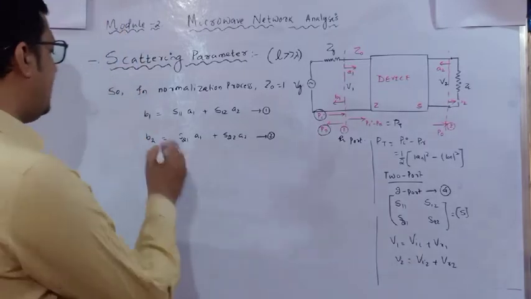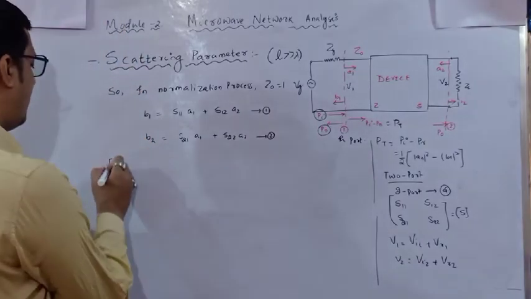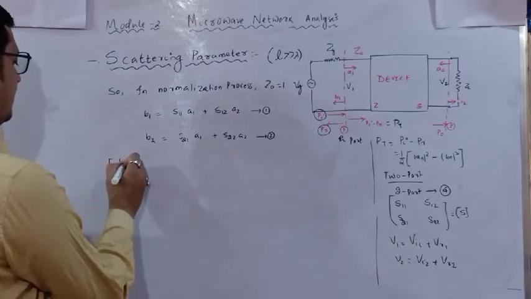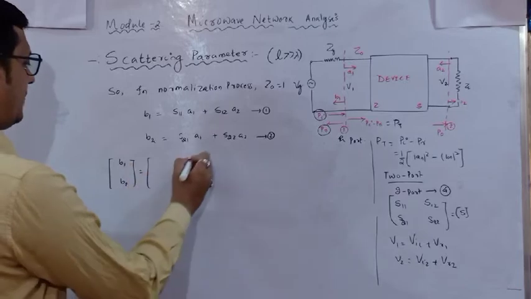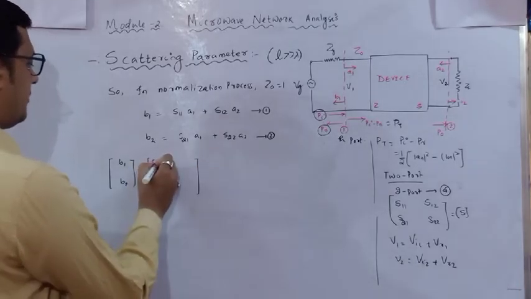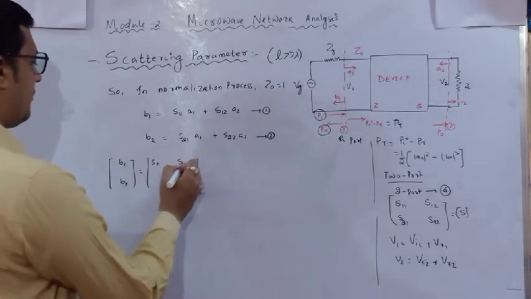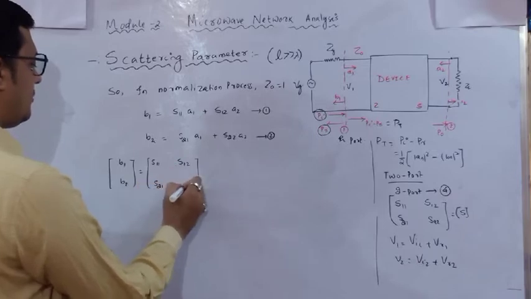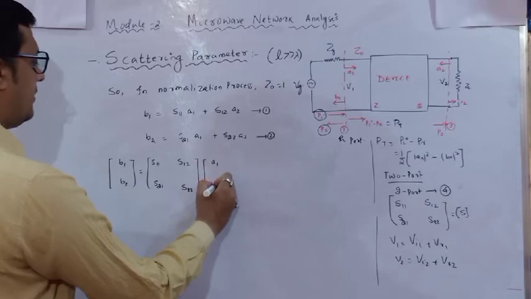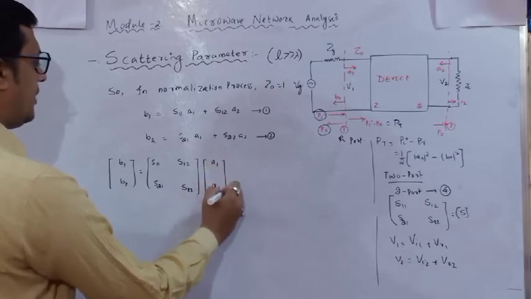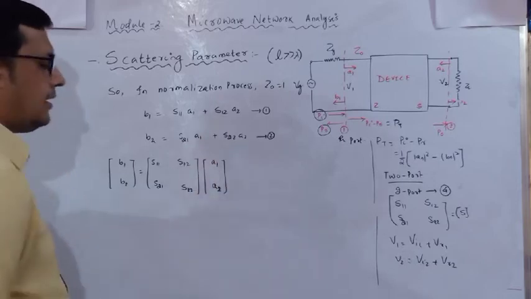And this I can write in matrix form, that is B1 B2 equals a matrix of S11, S12, S21 and S22 times the normalized incident potentials at ports 1 and 2.